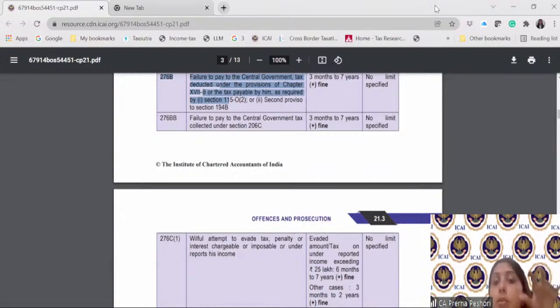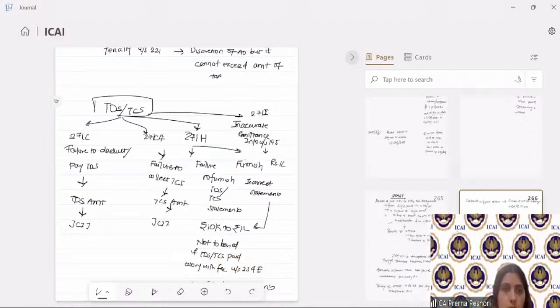So, company cannot be prosecuted. Remember one thing very clearly. The directors are going to be liable for that. Is that clear? So, for TDS and TCS, you have to remember that there exists a prosecution. So, if you want, you can just write down in your chart here plus prosecution 3 months to 7 years for both of them.